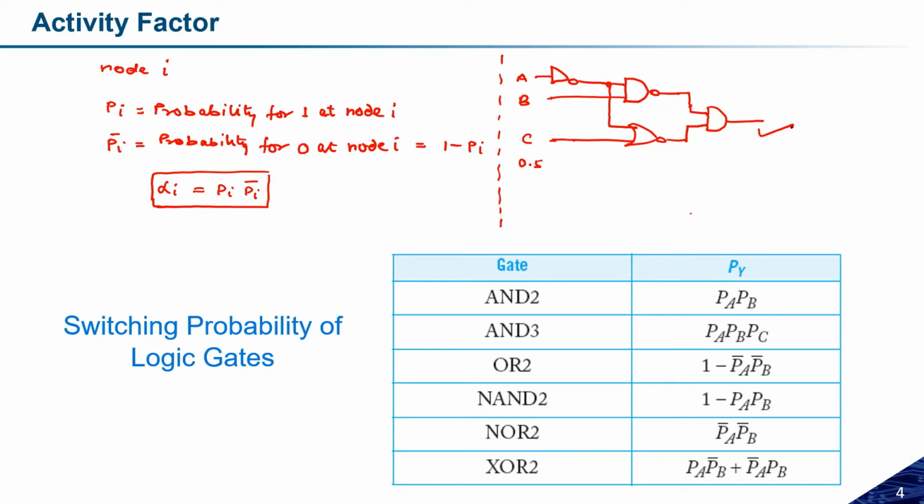So we have to design the optimum circuit that gives the same logic but with lower output switching probability. This is the importance of activity factor and switching probability of the logic in reducing the dynamic power dissipation through the circuit.